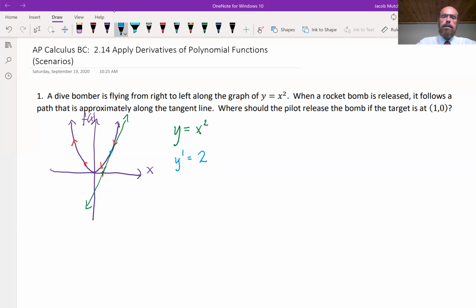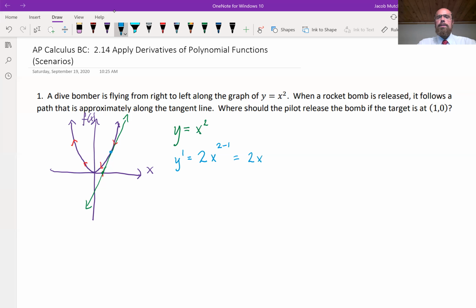That's going to be this 2 carried down. I'm just applying the simple power rule here. The old power of 2 comes down as a coefficient, x to the power of 2 minus 1, and that simplifies down to 2x.